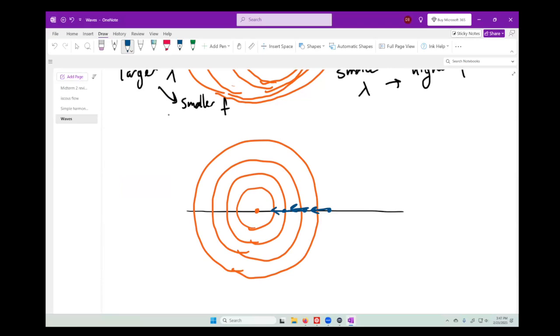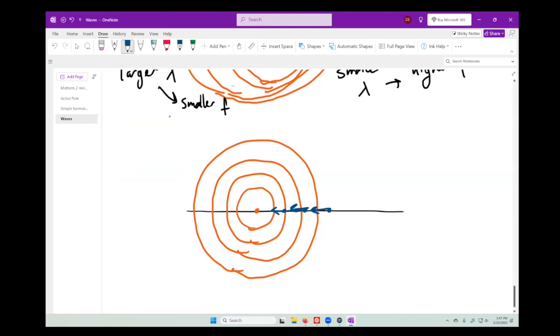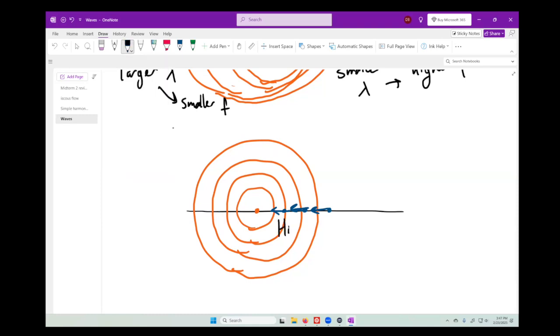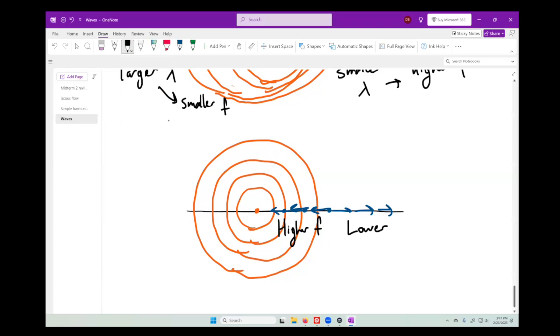So you're going to be hitting more wave fronts per unit time, which means your frequency is going to be higher. If you were moving away from the source, then you're outrunning the wave fronts, or you're moving opposite the direction that the wave fronts are moving. So you're going to be seeing fewer of them per unit time, and you pick up a lower frequency.